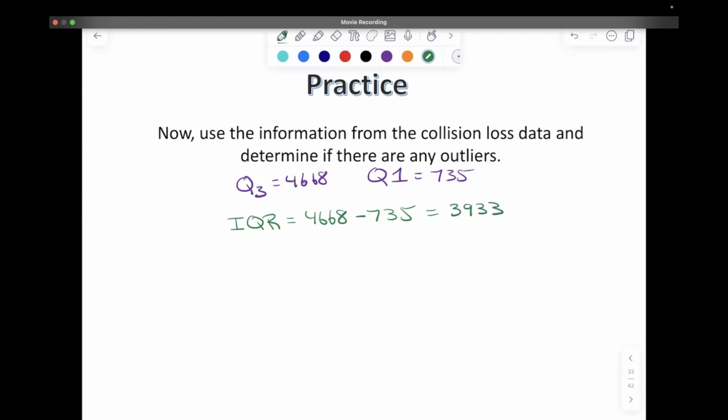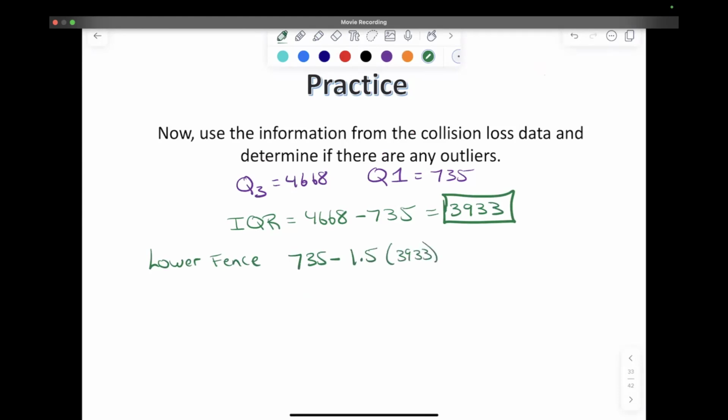So this right here is my IQR, 3933. So to find my lower fence, I'm going to take Q1 minus 1.5 times 3933. I'll let you know this is going to be a negative number. That's okay.